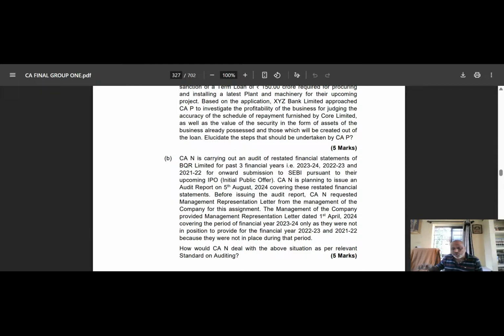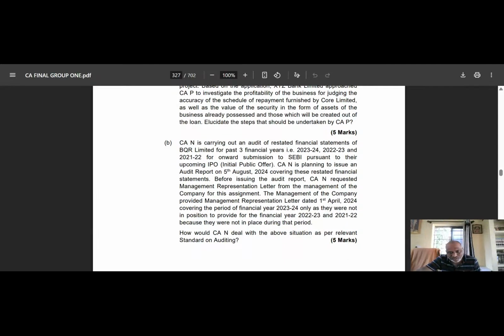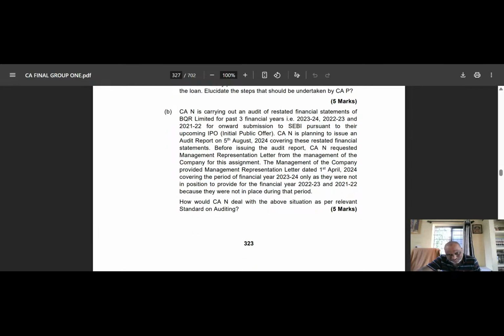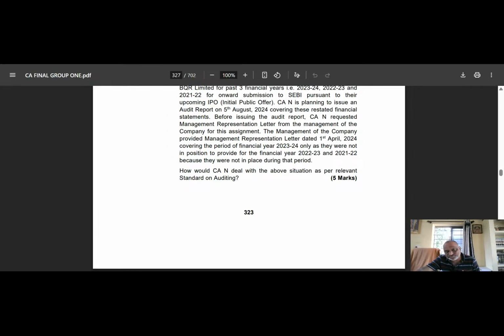How would CAN deal with the above situation as per the relevant standards on auditing?